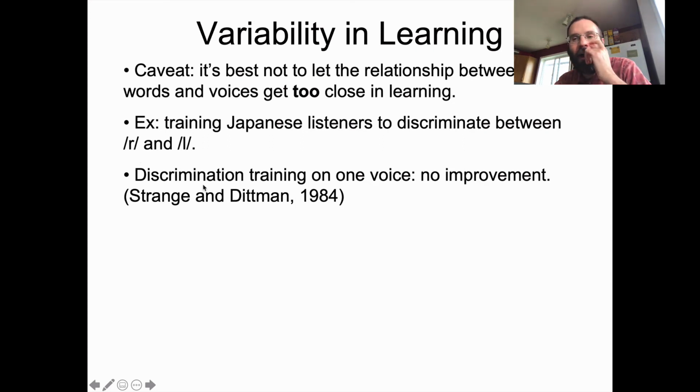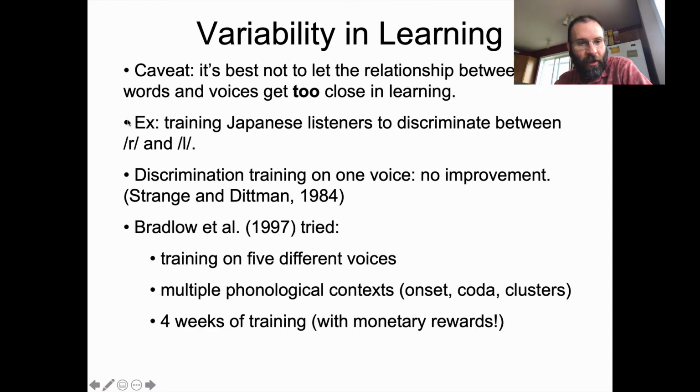In the 80s, people were kind of on a kick saying that Japanese listeners couldn't really get this contrast no matter how hard you tried. So there are studies like Strange and Dittman from 1984 where they trained Japanese listeners for a long time on this contrast using only one speaker and didn't find any improvement. In the 90s, when this exemplar model started getting rolling, people tried to incorporate more variability in these training paradigms.